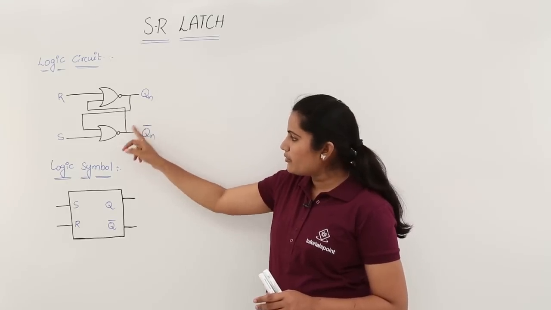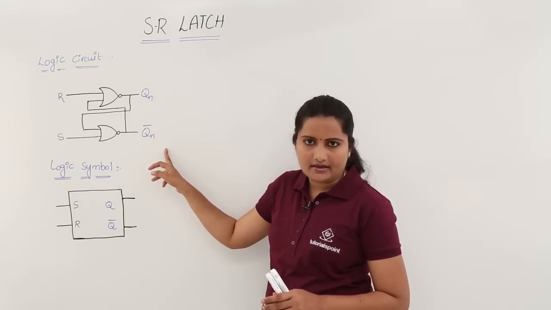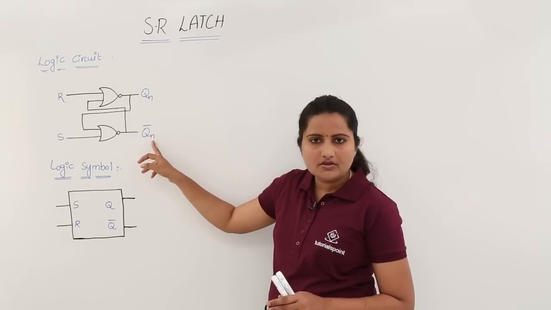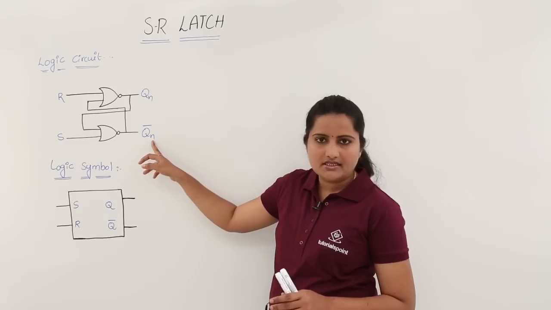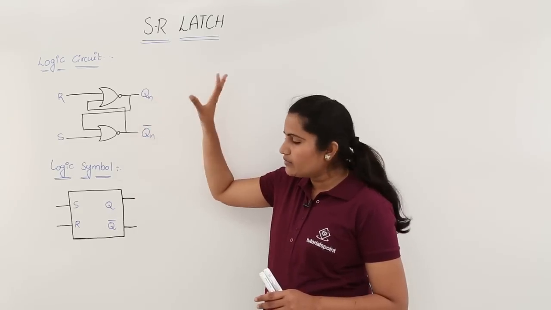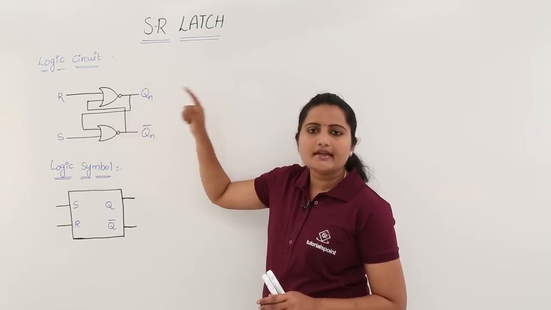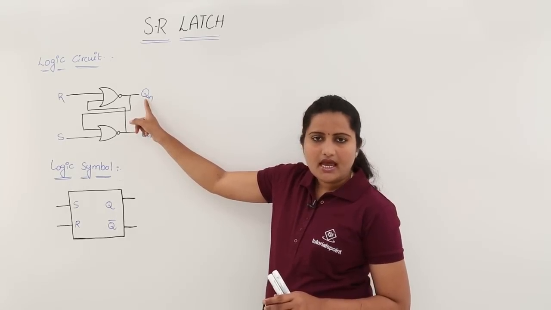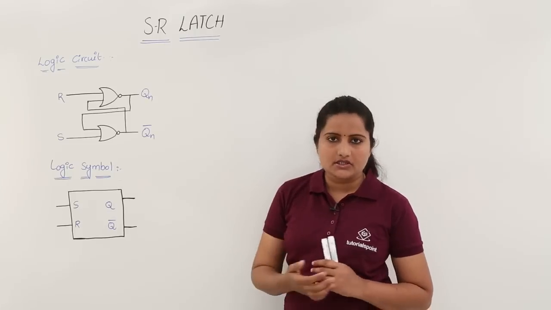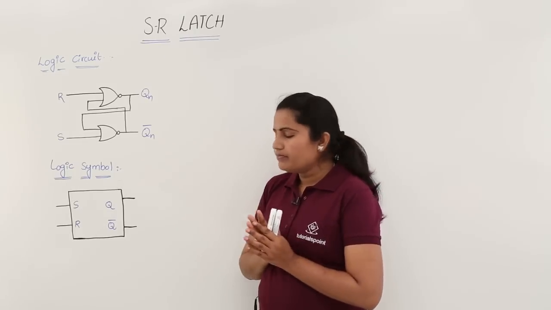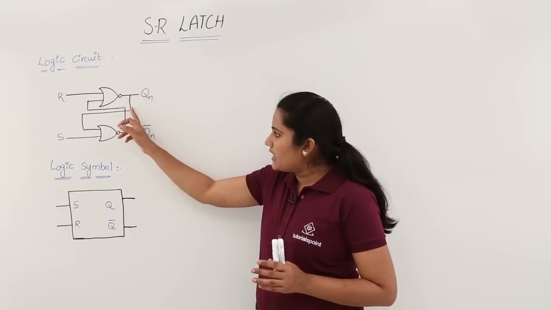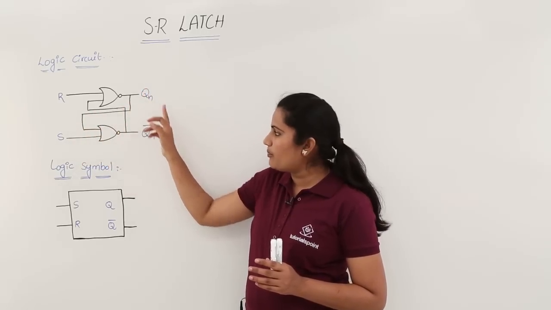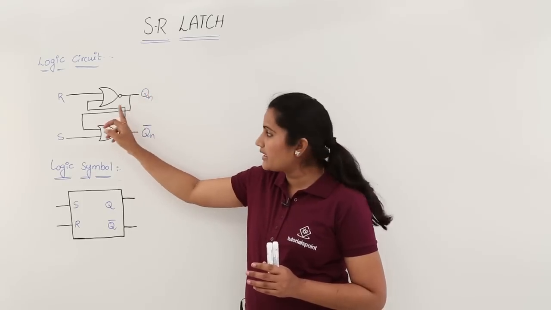You can ignore this complementary track. Whenever you want to derive Qn, if it is useful then you use it, otherwise do not go for this. Your aim is to get the next state. Here this is the present state and you need to get your next state. So this state is given as feedback, and the complement of this is also given as feedback.